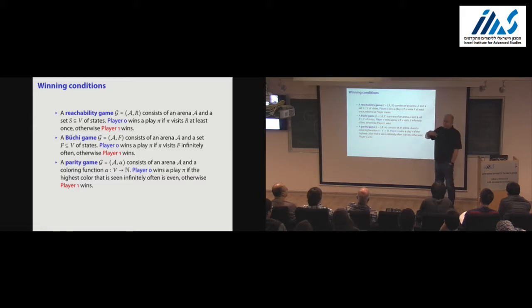But if that doesn't happen, then you want the assumption to be satisfied only finitely often. So you don't want the states with color 1 to be visited infinitely often while the ones with color 2 are not visited infinitely often. This is again captured by the parity condition, because if neither of them is visited infinitely often, then your highest color that appears infinitely often is 0, which is again even, right? But we'll get more into this.